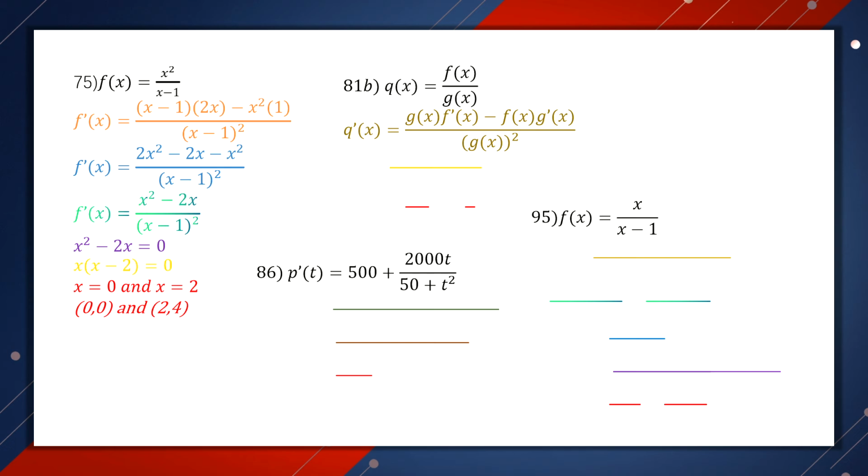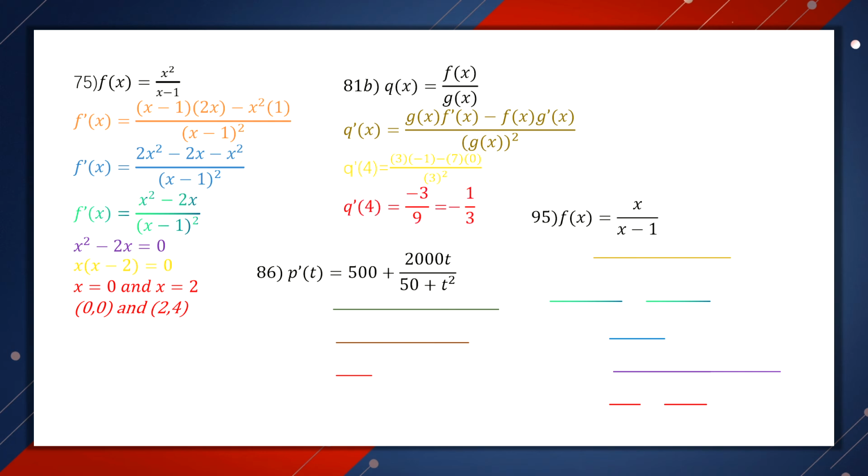And in the next question, 81, we have f of x and g of x. This is basically our rule. So we take the derivative of f of x first, minus f of x times the derivative of g of x, over g of x squared. So in the next question, we replace 4 in here and it becomes 3 times -1 minus 7 times 0, over 3 to the power 2.